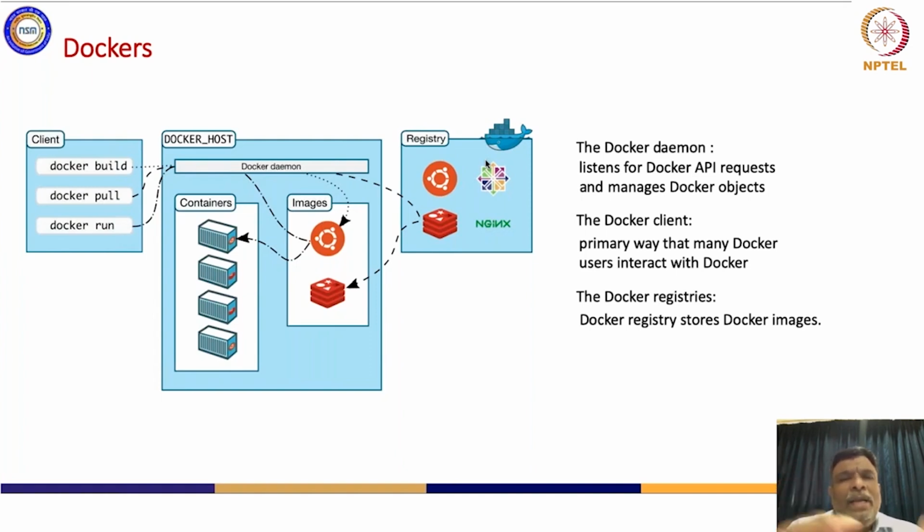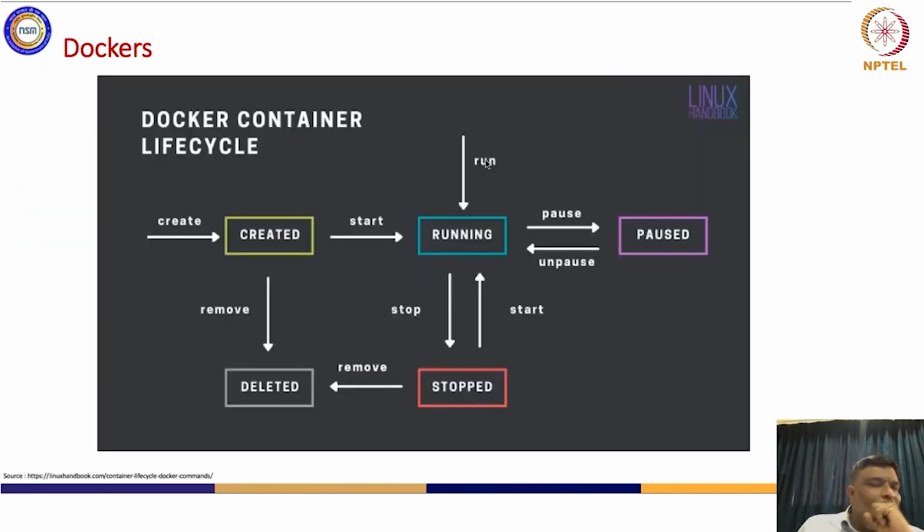So this is a basic brief idea about how the total setup looks with which you can work with Dockers. If you see the container life cycle, we will see what a container is and how it is done.